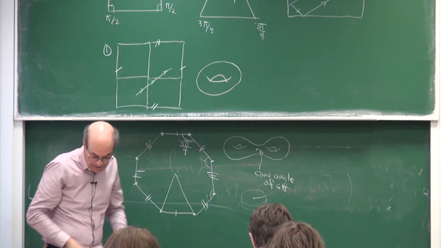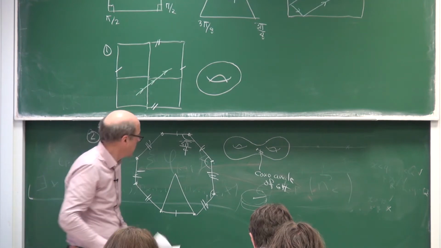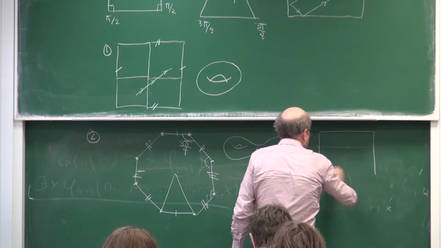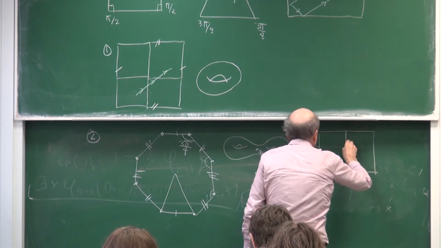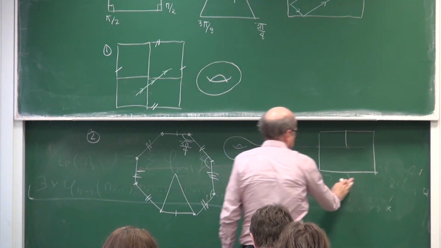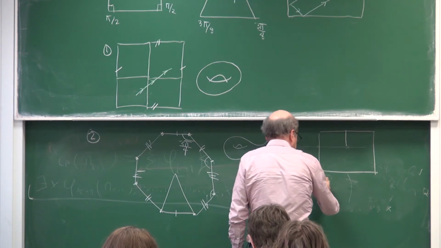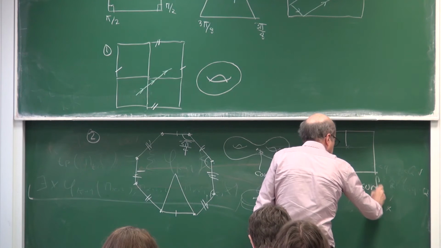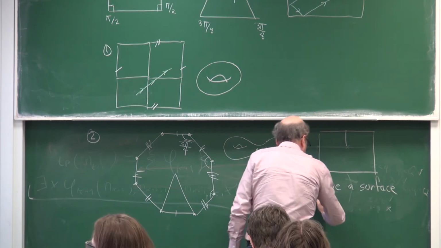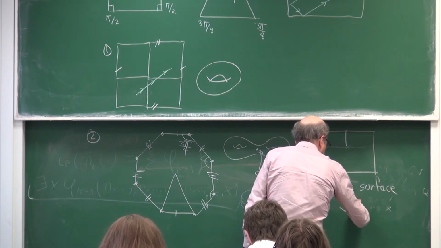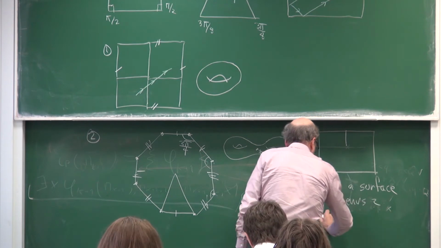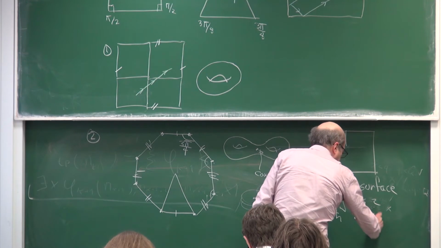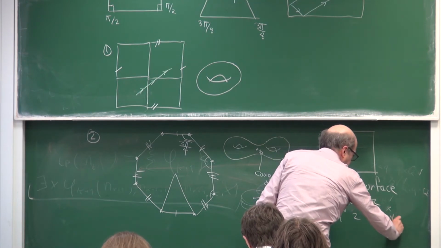So these are, let's see, and in this remaining example, this unfolds to give a surface of genus 2 with 2 4 pi cone angle singularities.